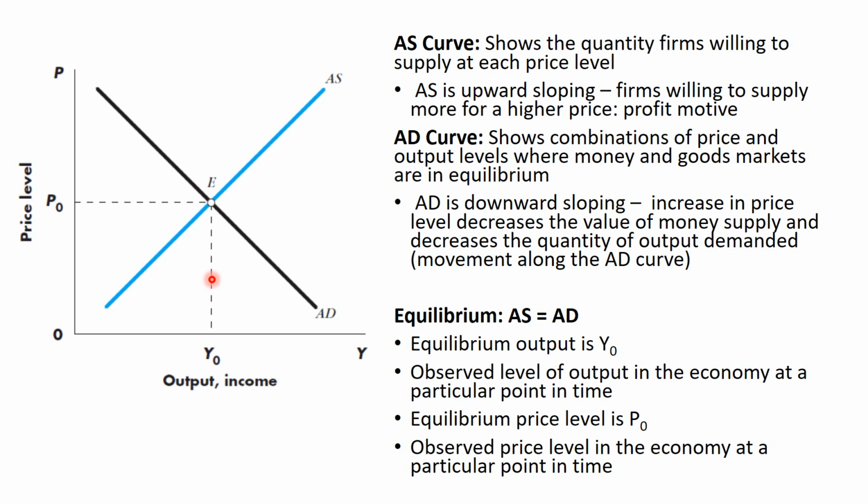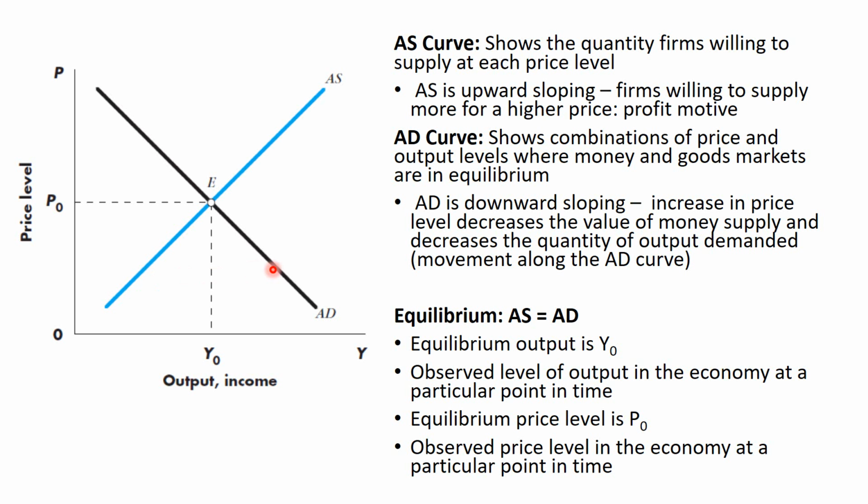Note that if prices were above the equilibrium level, the quantity of goods supplied would exceed the quantity of goods demanded, and this would put downward pressure on prices, and the economy would move back to the equilibrium at E. Alternatively, if we think about a situation where the price level is below the equilibrium price level, then the quantity of goods and services demanded would exceed the supply of goods and services.